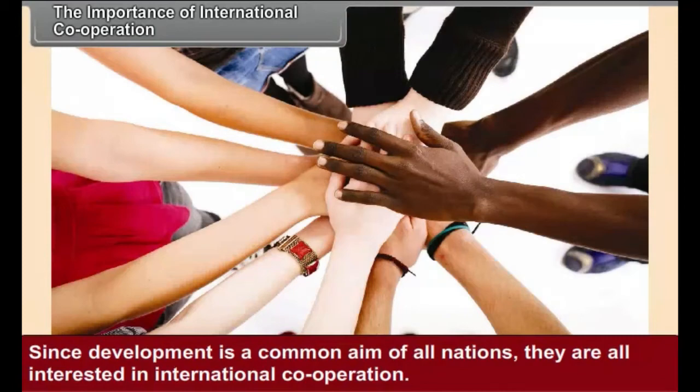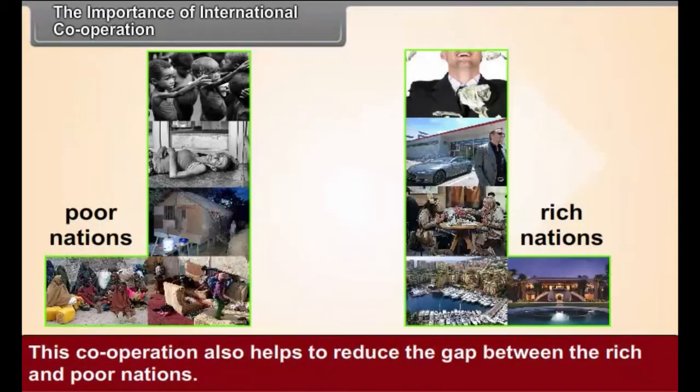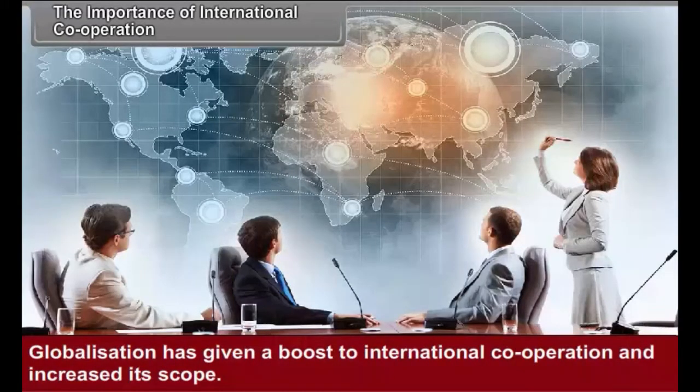Since development is a common aim of all nations, they are all interested in international cooperation. This cooperation also helps to reduce the gap between the rich and poor nations. Globalization has given a boost to international cooperation and increased its scope.